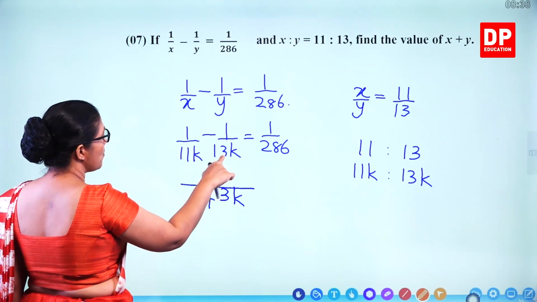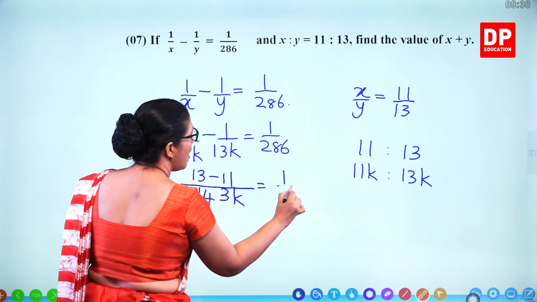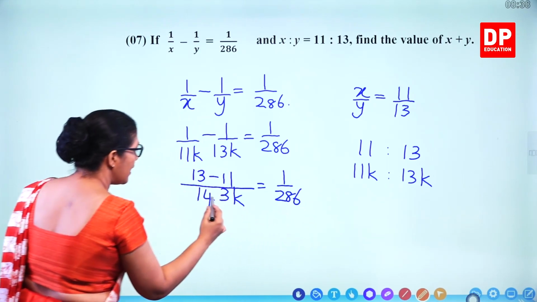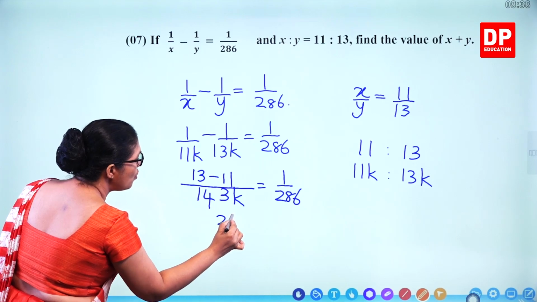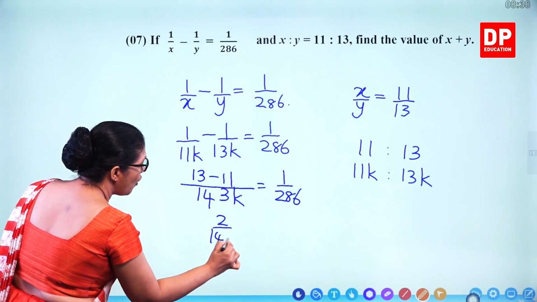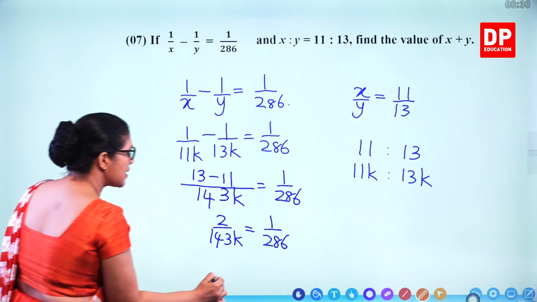So that means you have to multiply by 13 and this one by 11. Now we can find out the k value. So what's the k value here? 2 over 143k equals 1 over 286.